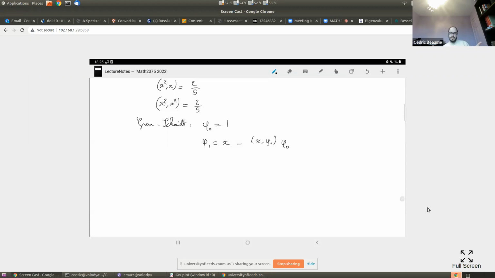But I've done this with functions that do not have norm 1. In particular, if phi0 has norm 2, then I would have multiplied the projection by 4 here, because I have phi0 here times phi0 there. So the bigger phi0 is, the bigger this correction is. That doesn't make sense. We should not allow that.